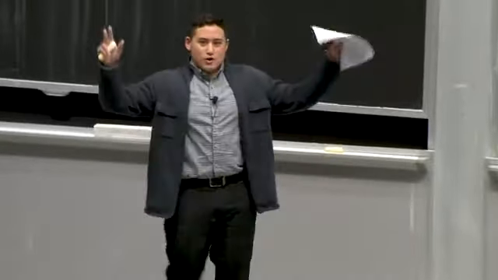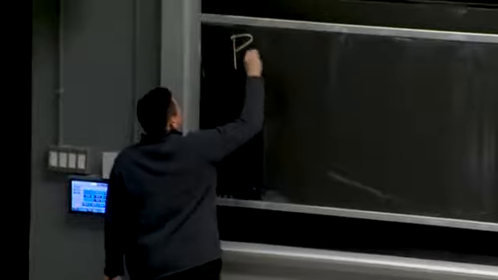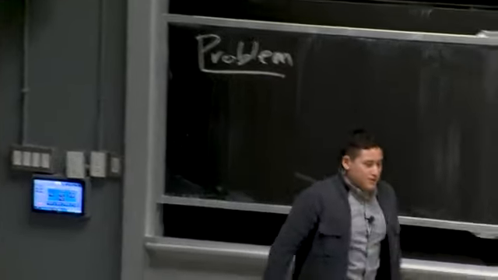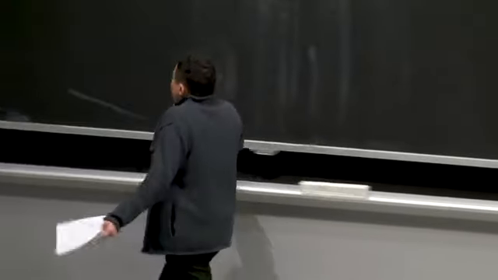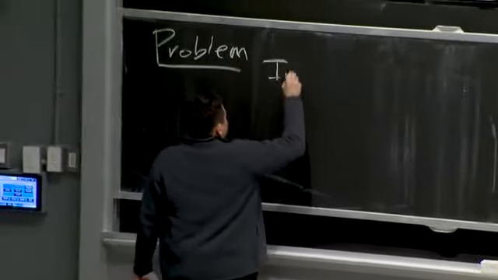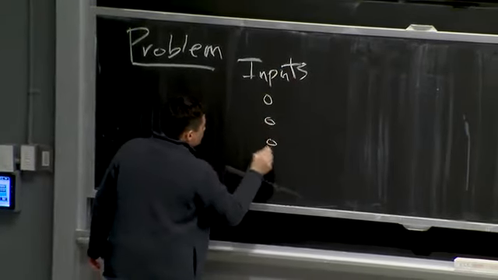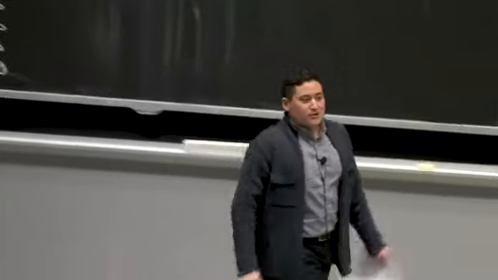But kind of a little bit more abstractly, what I'm going to think of a computational problem being, and this is where your prerequisite in discrete mathematics should come in, right? A problem is, you've got a set of inputs. Okay, maybe I have 1, 2, 3, 4, 5 possible inputs I could have to my algorithm.